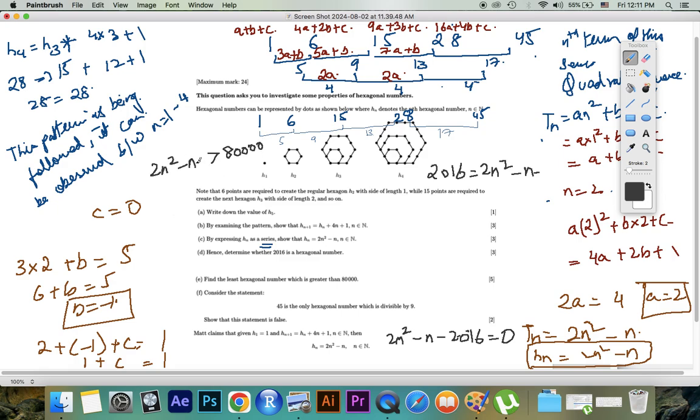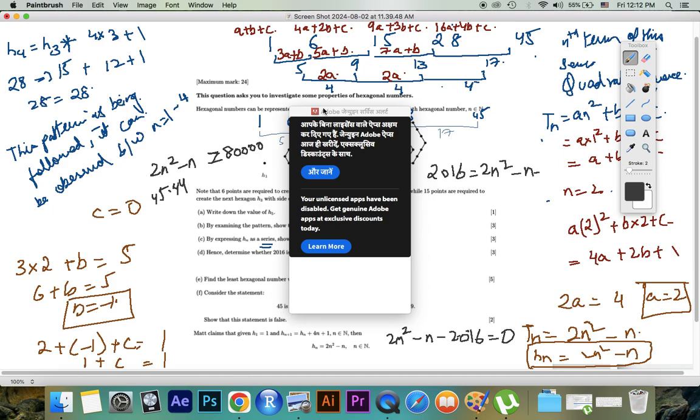So very simple. You first take it equal to 80,000. Whatever positive value of n you find, let's say you get something like 45.44, you know that n cannot be 45.44. N will be 46. So the 46th term will be greater than 80,000, right? So that way you can work it out.